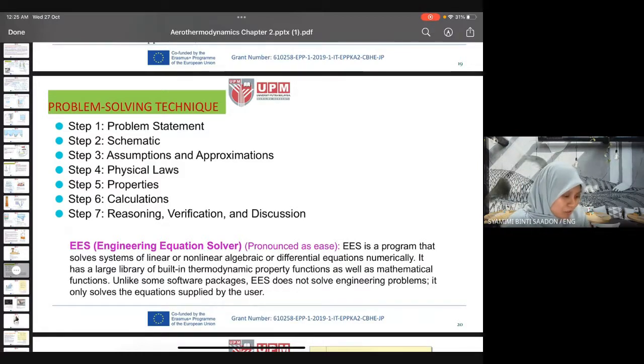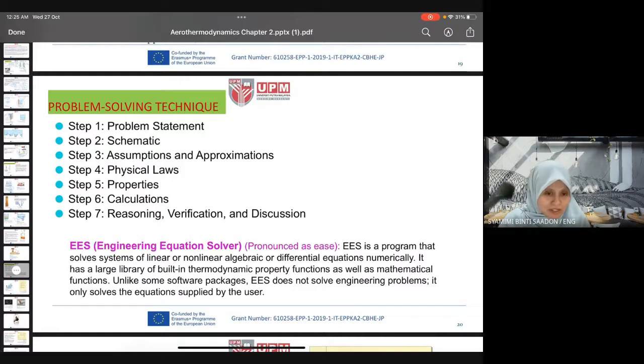Now I want to explain a bit about problem solving technique, because in the second half of the semester, I will introduce to you, I know you have to do an assignment, right? A mini project assignment. So in your assignment, you have to somehow solve a problem, like a case study problem. In thermodynamics, we have this flow of problem solving technique.